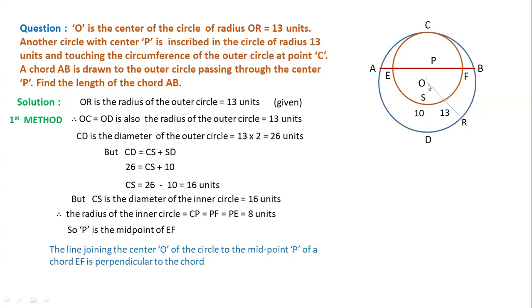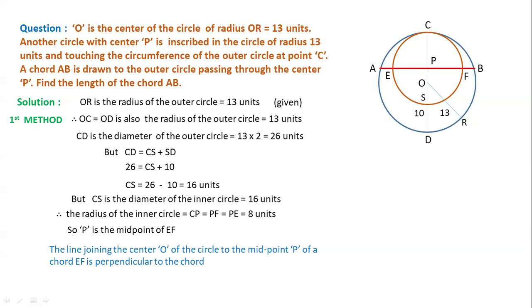If from the center you join the midpoint of any chord, the line is perpendicular to the chord. Actually it's a theorem: the line joining the center of a circle to the midpoint of a chord bisects the chord.